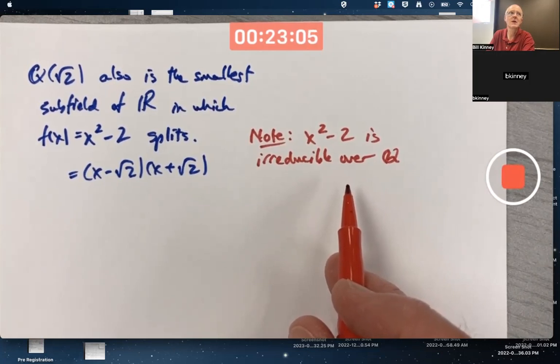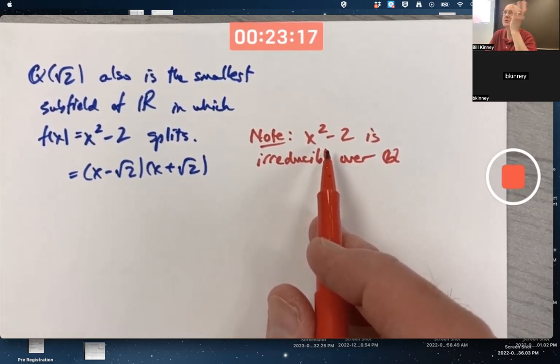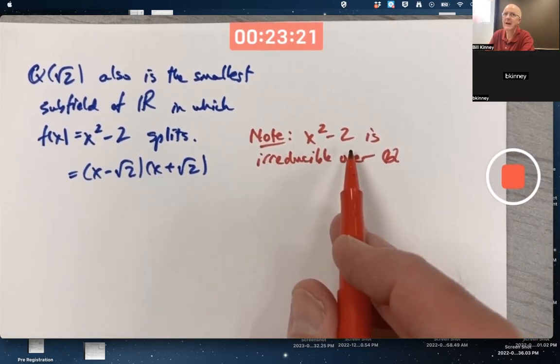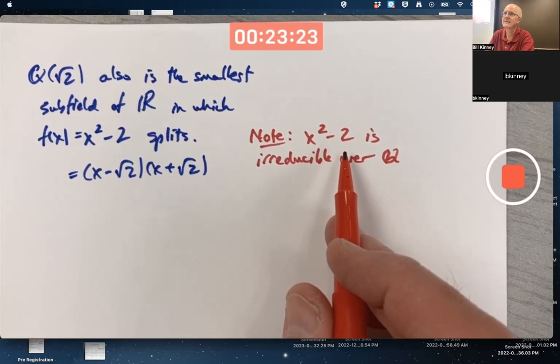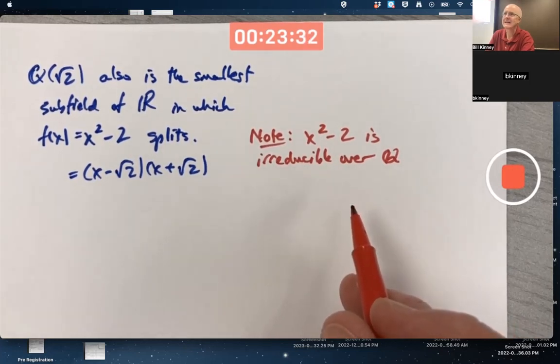Take p equal to 2. Does that work? There's no linear term. Well, the coefficient of the linear term, the x term, is 0. P equals 2 does divide 0. It also divides 2, and p squared does not divide 2. So you could also apply Eisenstein's criterion to say this is irreducible over the rationals.